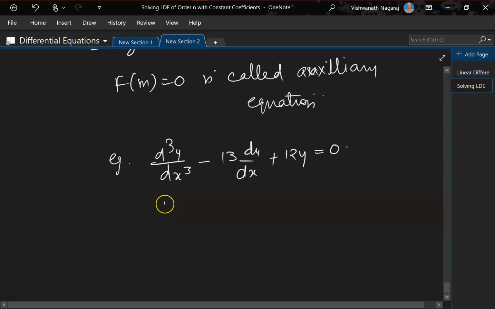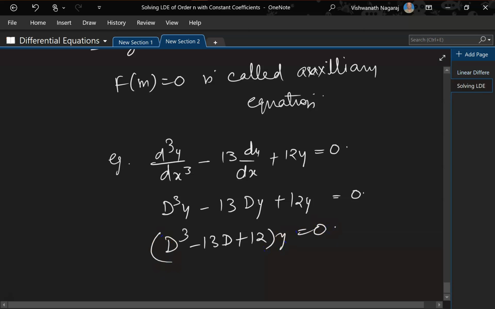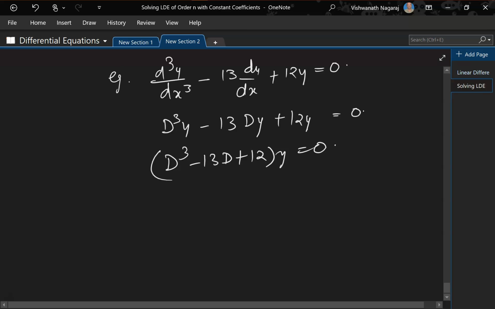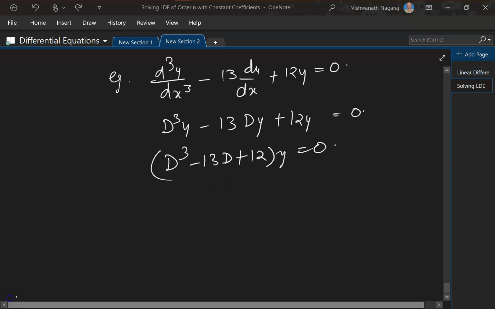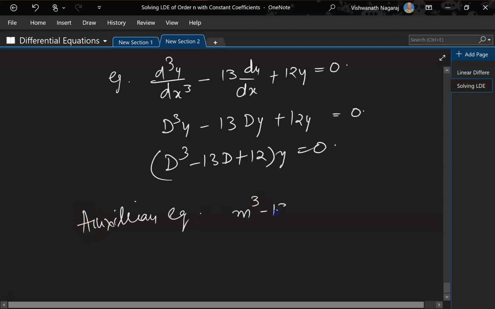Now using the D notation, we will have D cube y minus 13 Dy plus 12y equal to 0, or (D cube minus 13D plus 12) y equal to 0. Now here we just replace D by m. So the auxiliary equation of this equation would be m cube minus 13m plus 12 equal to 0. So we take out D, and for 12 also, for the constant also, we get rid of y.